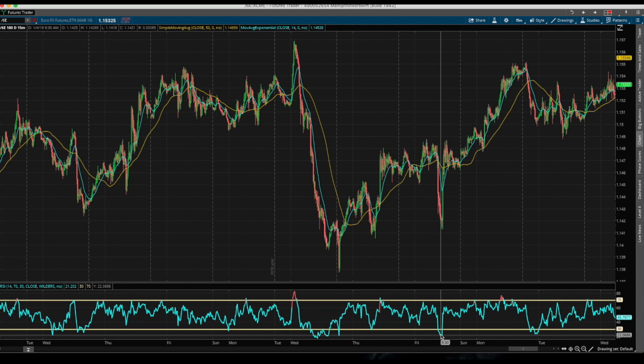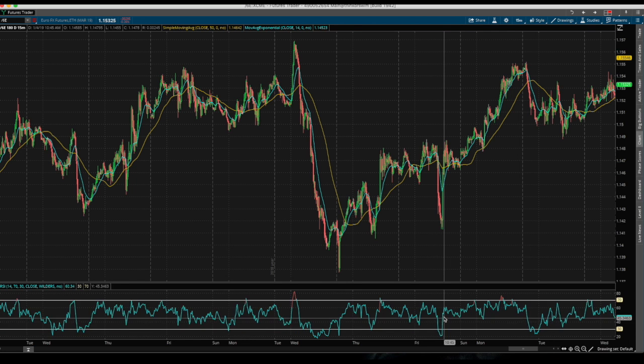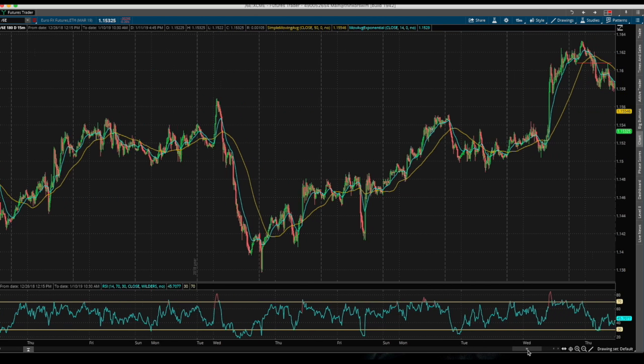Now keep in mind, this is not foolproof. This is just extra confluence from what price action is doing. So you always want to have confluence, and you always want to see what price is doing, but you want to use RSI for that. That's what it's there for.